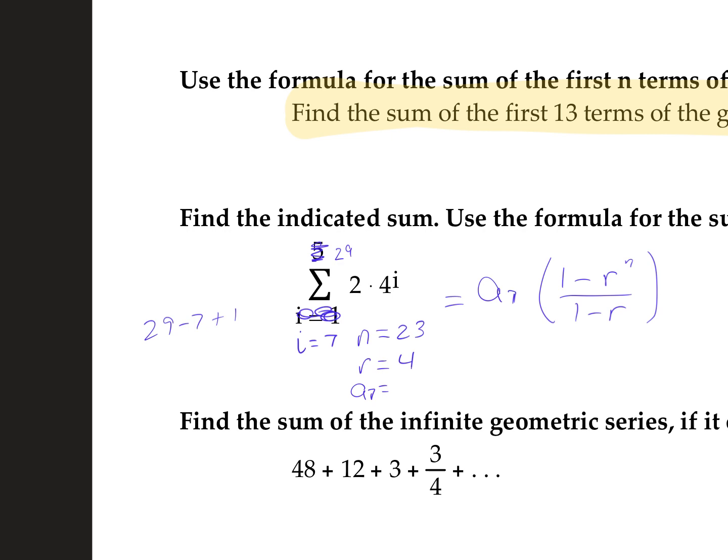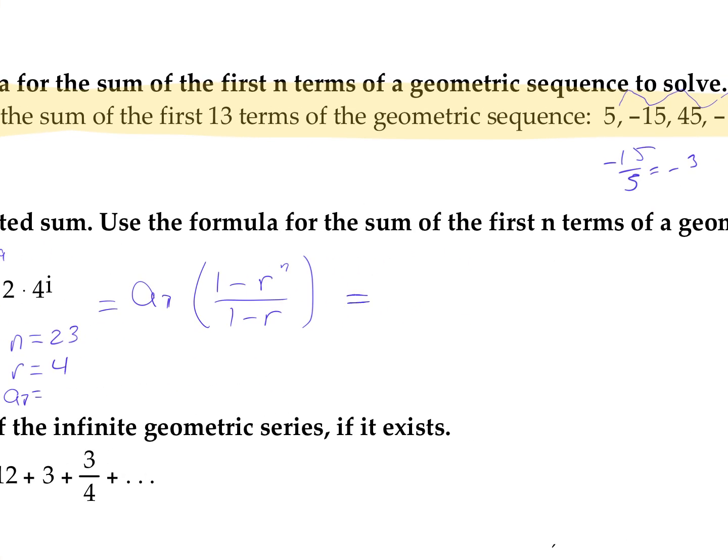So when I plug in 7, this is going to be huge. 2 times 4 to the, okay, what's 4 to the 7th power? 16,384. Okay, times that by 2. 32,768. Gotcha.